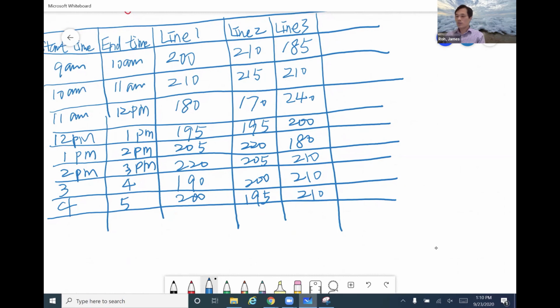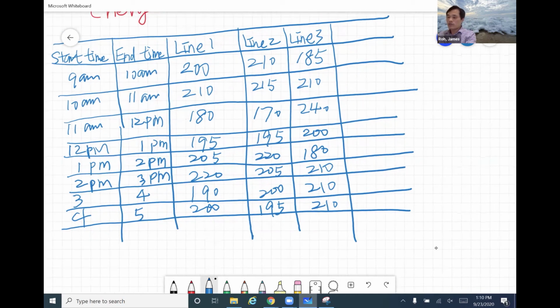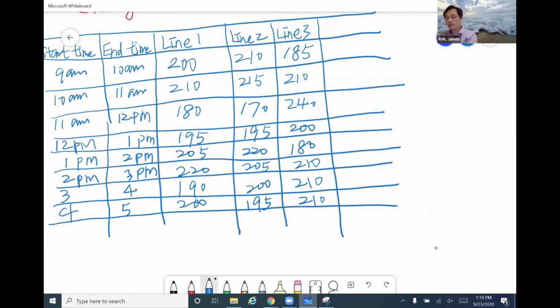So then, if you have this kind of data, now we have to calculate X double bar and R bar and everything. So let's first start with X double bar. So I'm going to start with here X bar.